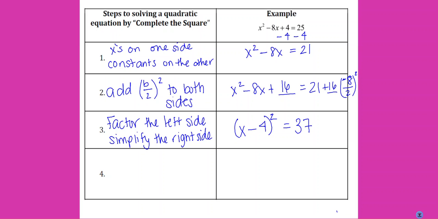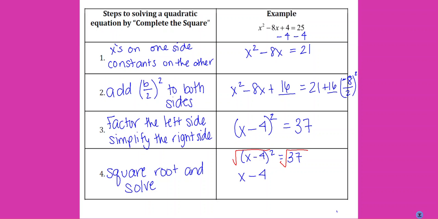Then finally, we're going to square root and solve. So we square root to undo the square. We're left with x minus 4 equals plus or minus the square root of 37.